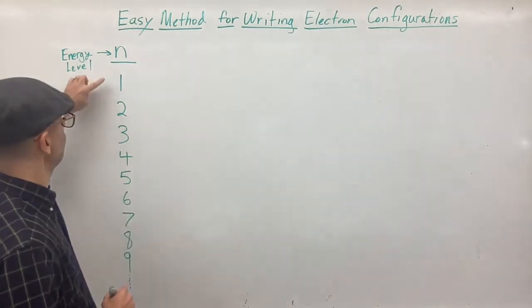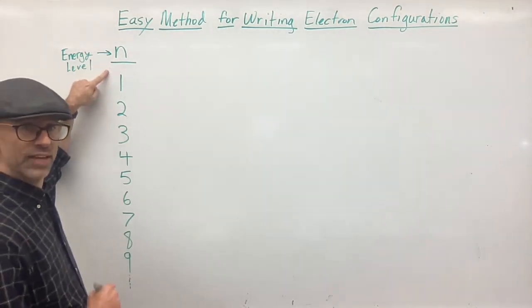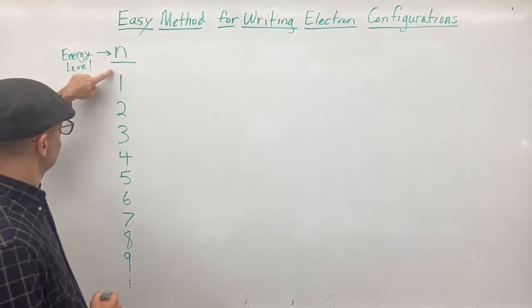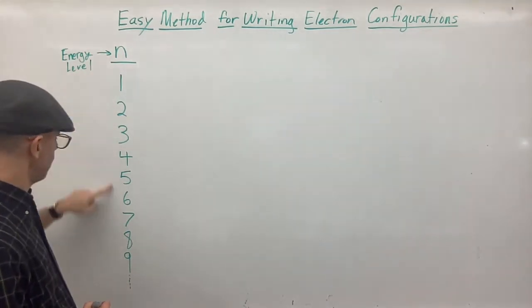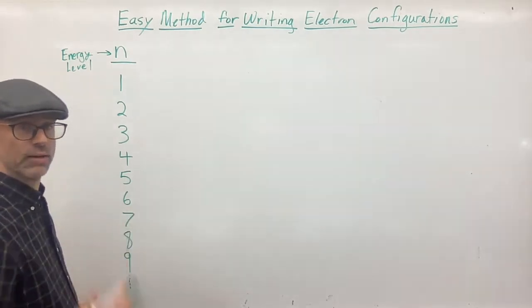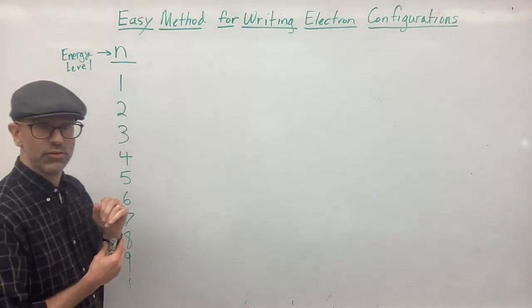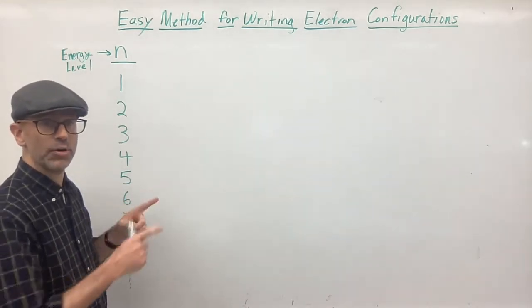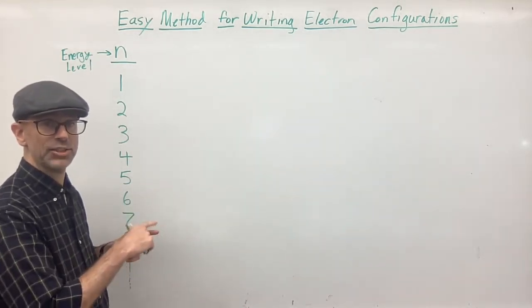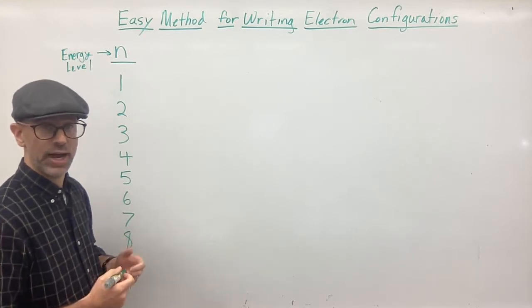So we remember that if we have n, the n number, that's your energy level. So n is energy, and so if we write down the numbers of the energy, they start at 1 and they go on till whatever. So I have all the way down to 9. And so we saw before that the number of the energy level you're at corresponds to the number of sublevels that you have.